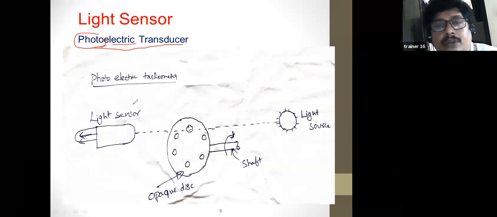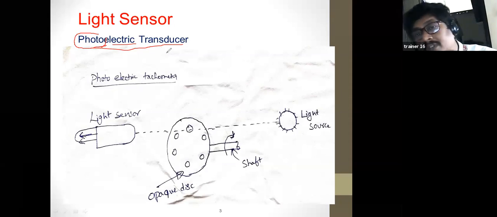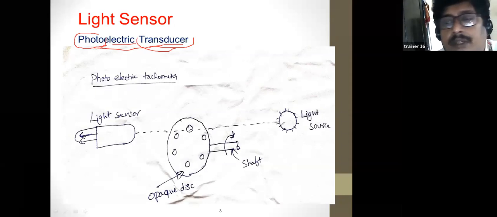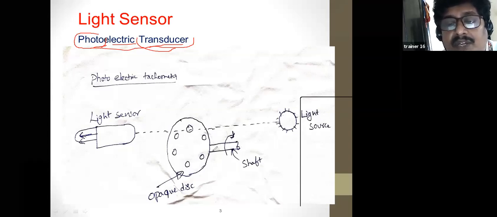It can also be called a photoelectric tachometer or transducer. Here, if you clearly observe, a shaft is rotating and we have to measure the speed of the shaft.